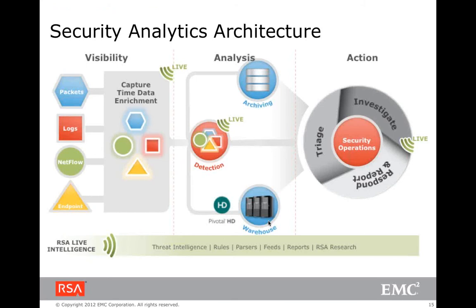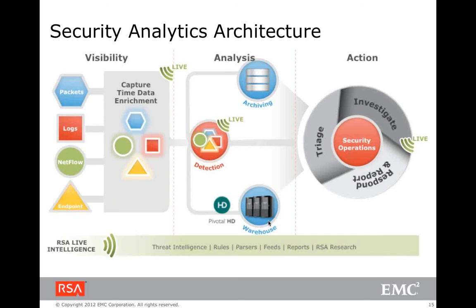I detect them using my traditional SQL queries. I can also use my big data capabilities in the form of Pivotal that we have tied up with, as well as Hadoop that we support today to run my big data queries or my predictive analytic queries around the data that I've captured.